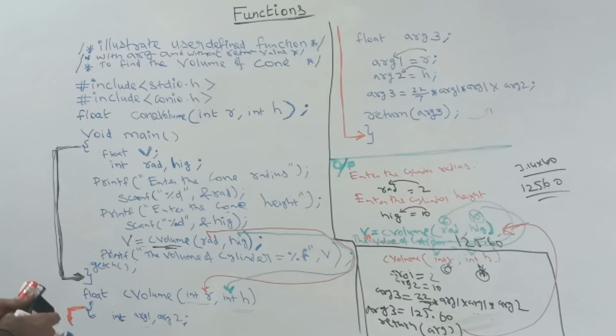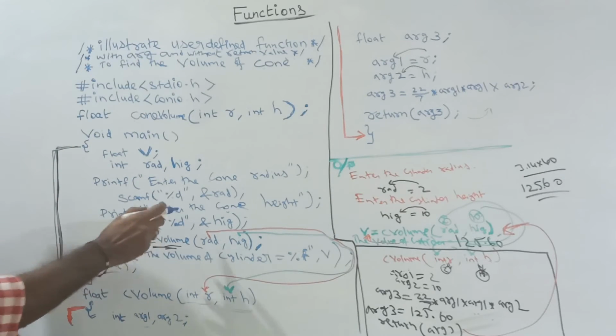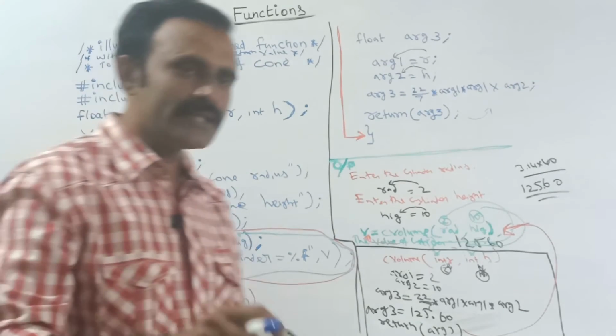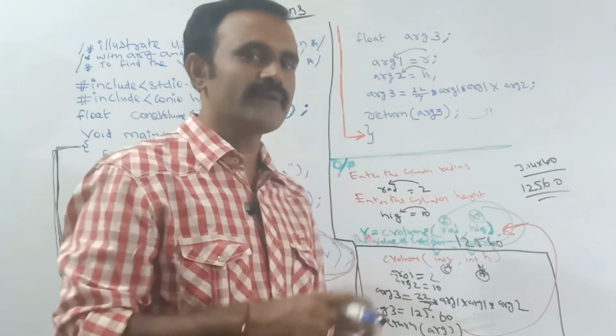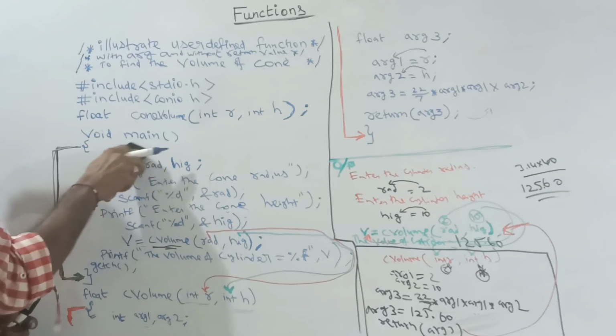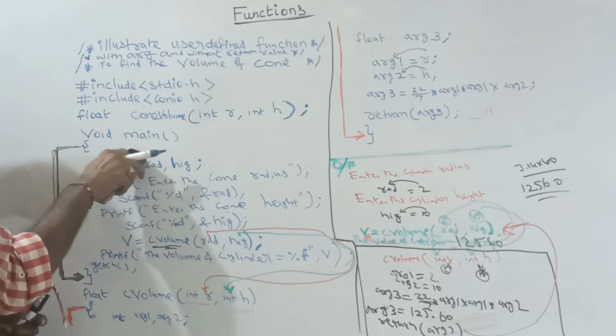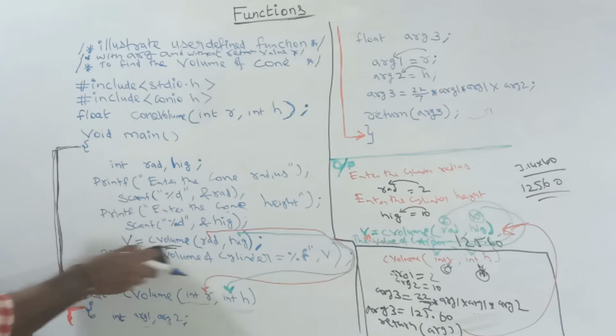Here there is no return type. See, without return value, with argument. Here this function has the argument list, but there is no return value. So here we need not declare the variable v, because if it returns any value, we can fetch that value and tell it to print that value.